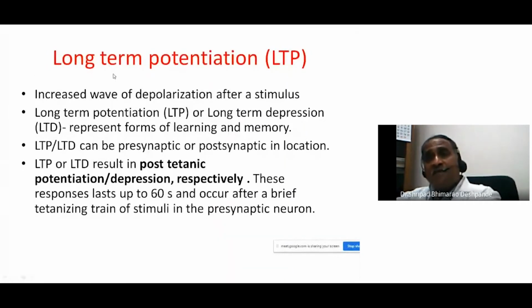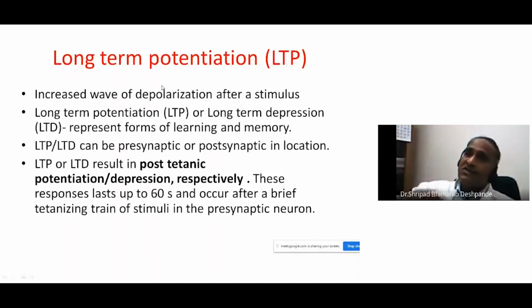In synaptic plasticity, one of them is long-term potentiation: an increased wave of depolarization after a stimulus in the synapse. In synaptic transmission, you have the excitatory postsynaptic potential. The excitatory postsynaptic potential is a depolarization wave, and it has a time period. This excitatory postsynaptic potential may be prolonged.